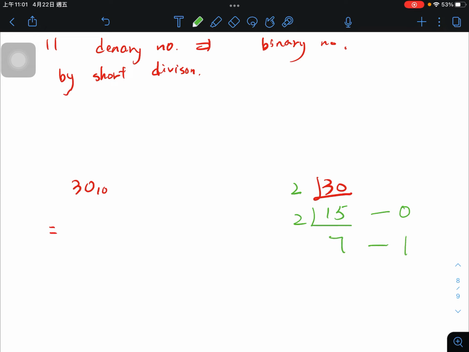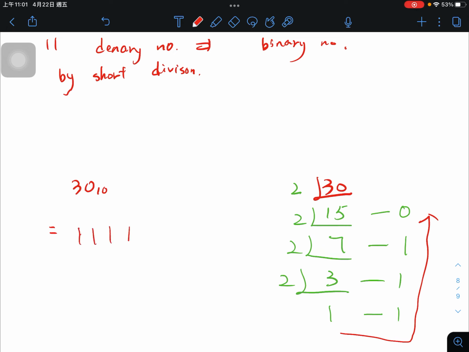We keep using 2 to divide the number. 3, the remainder is 1. 1, the remainder is 1. So the answer should be read from the bottom to the top. So the answer should be 1, 1, 1, 1, 0, base 2. Okay? By using short division, you will get the final answer. That's the end of this session.